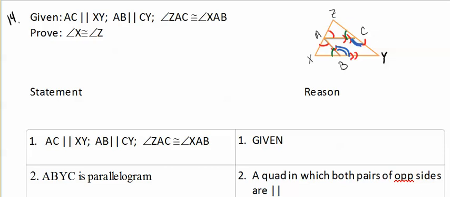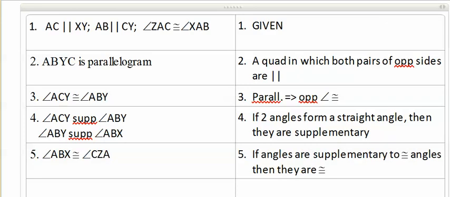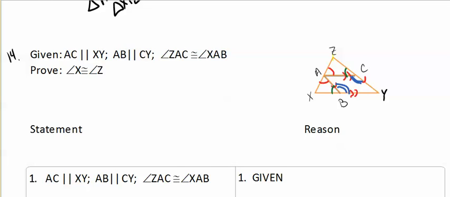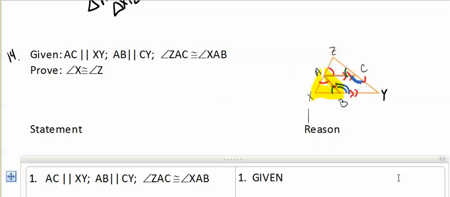And if they're supplementary to congruent angles, they themselves will be congruent. Now if we look at the diagram, since we have two angles of two different triangles congruent, that implies the third angles are also congruent based on the no-choice theorem.